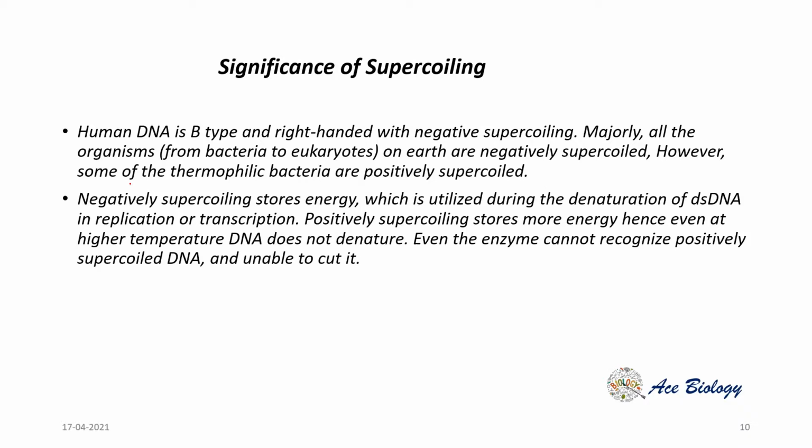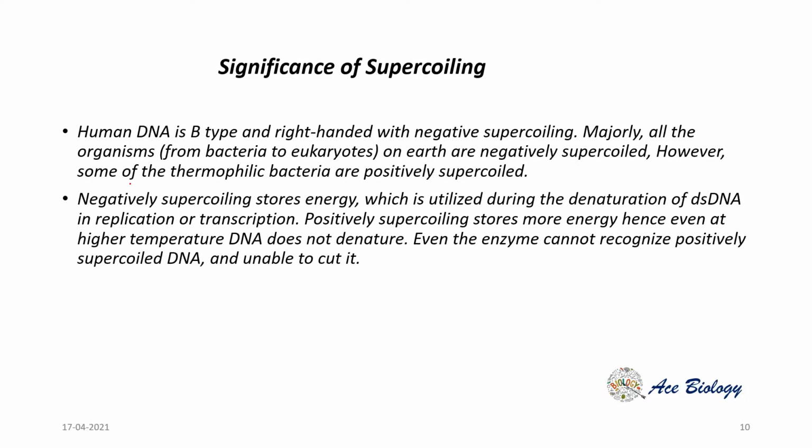But in some bacteria which survive in extreme temperatures, called thermophiles, the DNA will become positively supercoiled. Why? Because the positively supercoiled DNA will store more energy, and we know that they are surviving in high temperature.